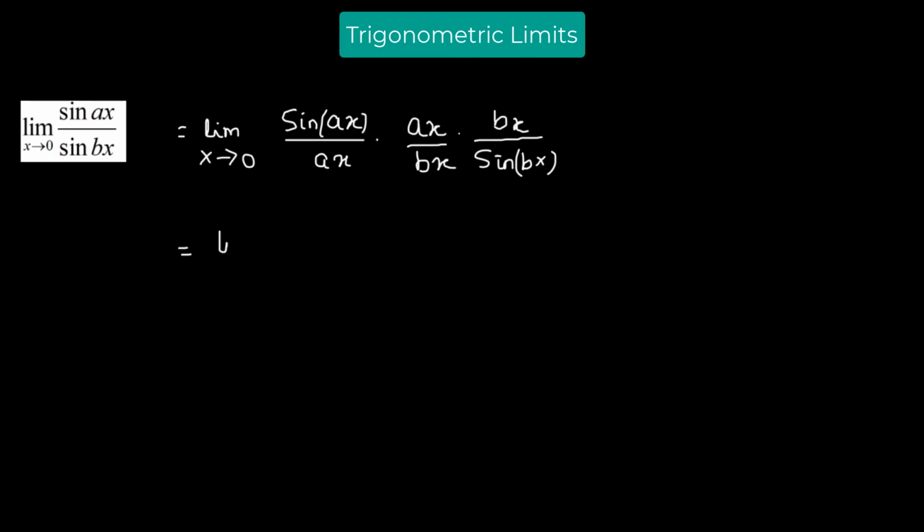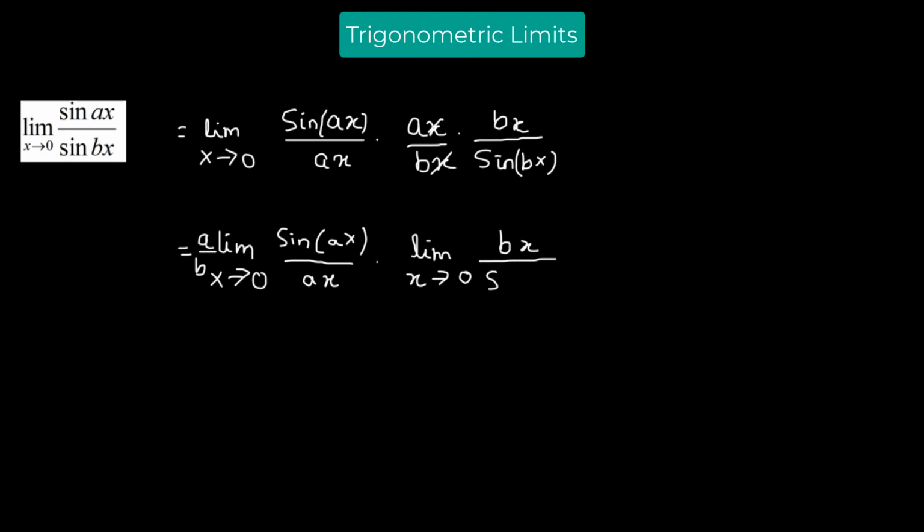Now what we have is limit x going to 0. Now x and x get cancelled out, so this is a constant term a over b, so we can bring it to the front of our limit. So we have a over b times the limit x going to 0 of sine ax over ax, times, and we are going to apply our limit to the second function, which is bx over sine bx.